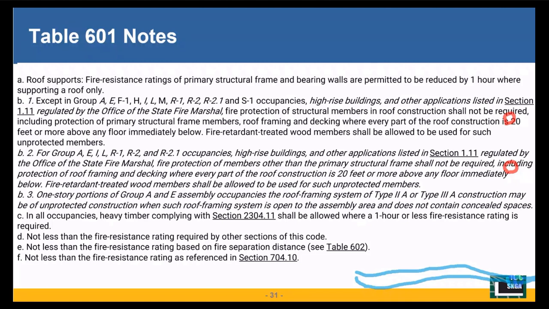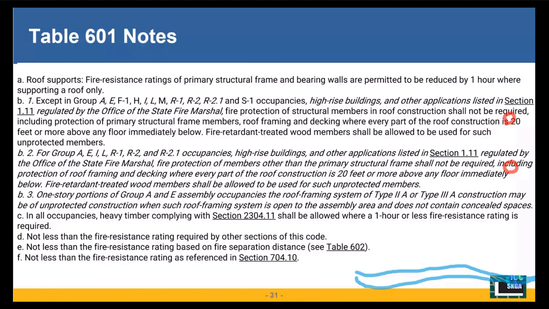So the first paragraph, it talks about roof supports, fire resistant rating for primary structural member bearing walls are permitted to be reduced 1 hour for supporting a roof only. So the code allows you to reduce the rating when you're supporting a roof only by 1 hour, but the fire marshal says, except in these occupancies, high-rise building, that you don't have to reduce.